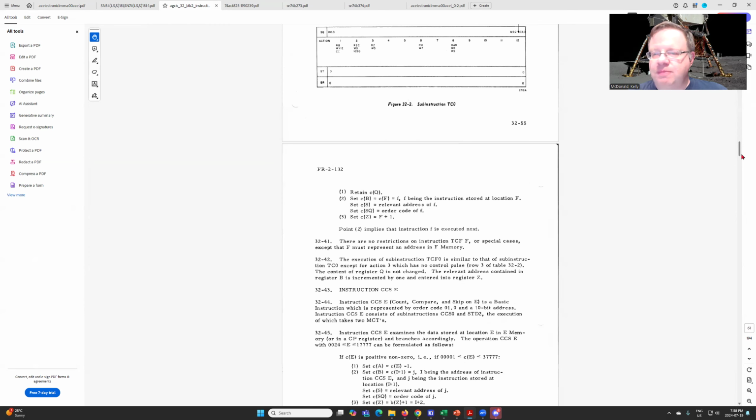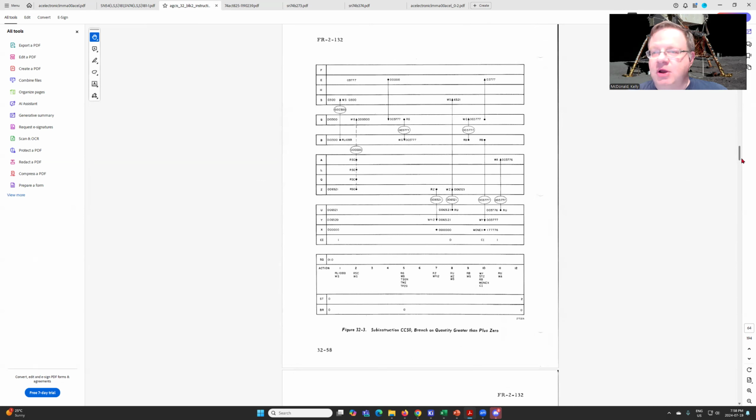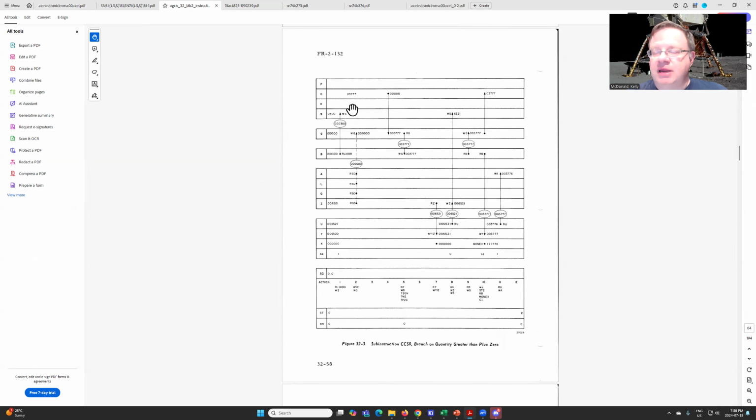And if you go far enough into the document, we have all of these different logic flows, where it basically says, okay, here's a particular instruction. So this is sub-instruction CCS0, and you can visually see where the data is moving.